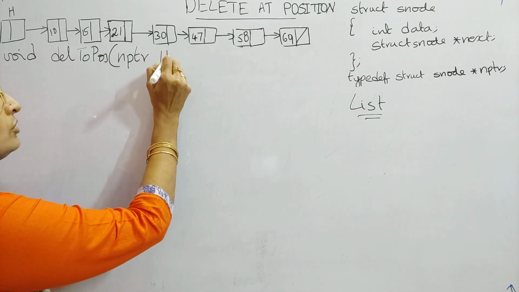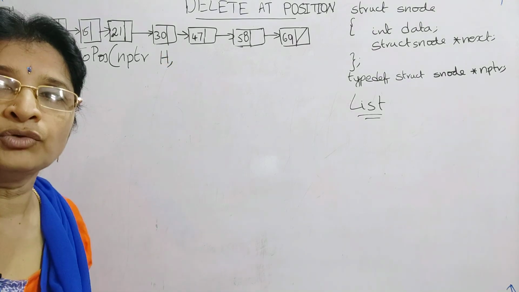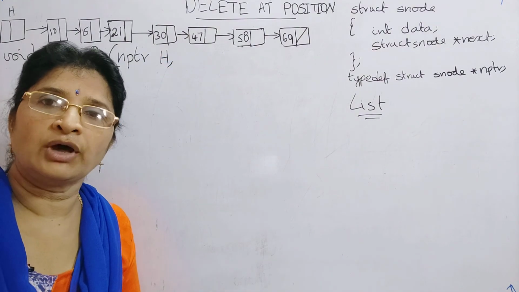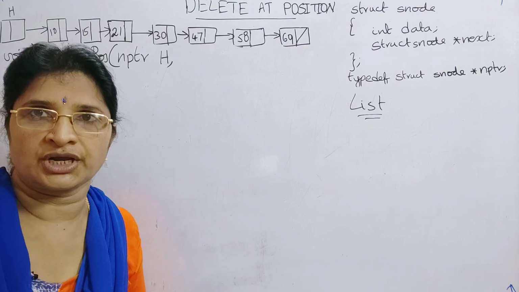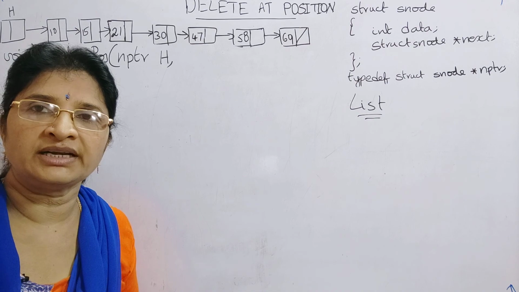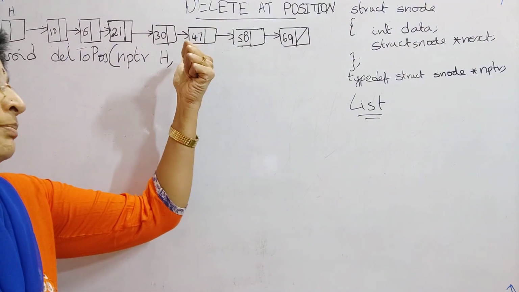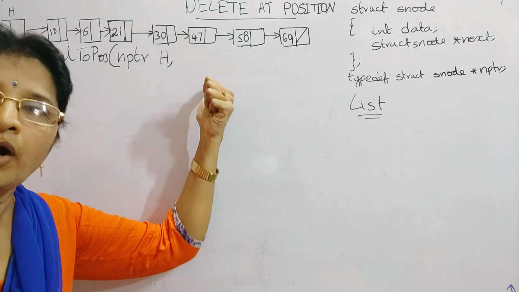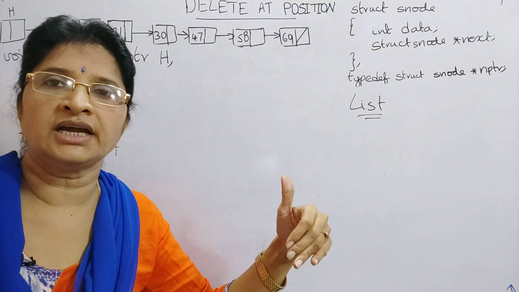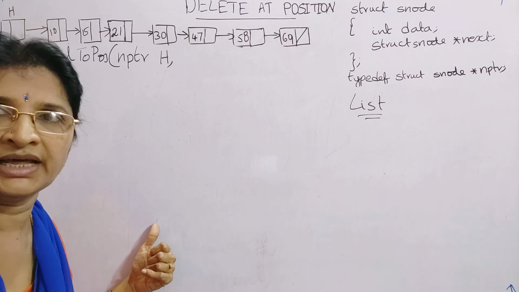So you can give NPTR H, comma, and here you need to pass one more parameter, that is the position. If you want, you can pass it from the calling place, or you can also write that in this function itself. Anything can be done.